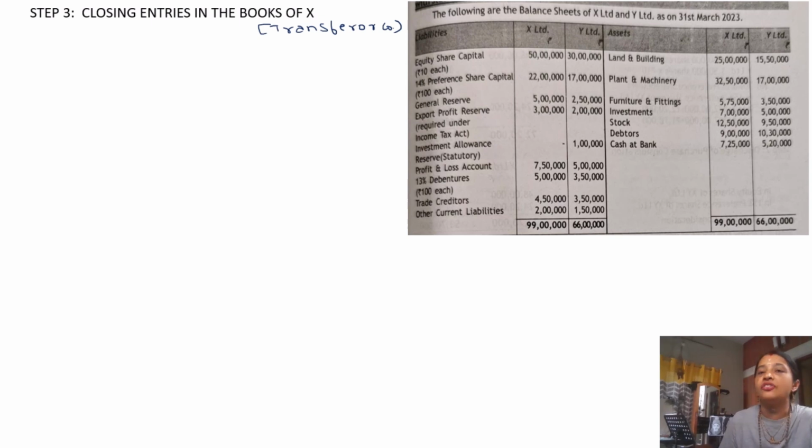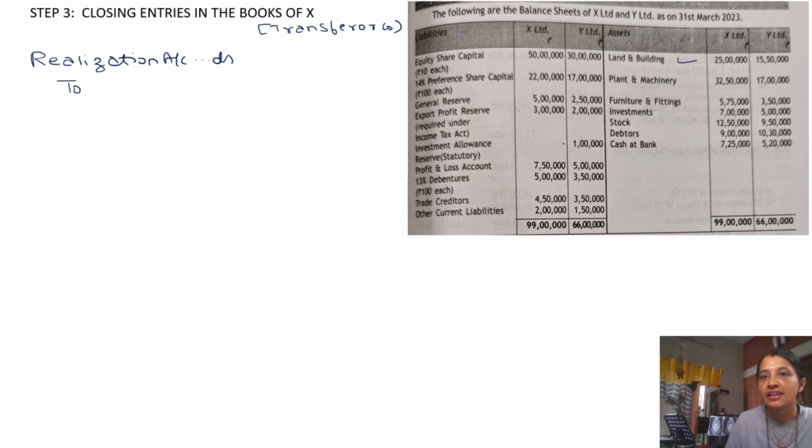Out of that, the first common entry is transferring all the assets except fictitious assets to realization account. So the entry will be realization account, debit to all the assets account individually. So let's take all the assets belonging to X individually.